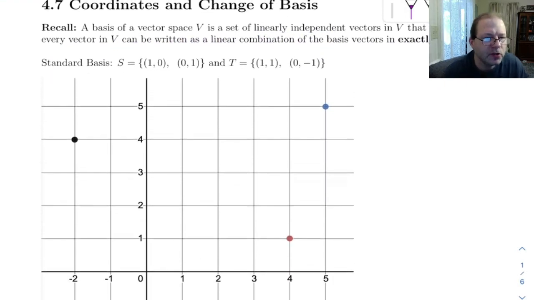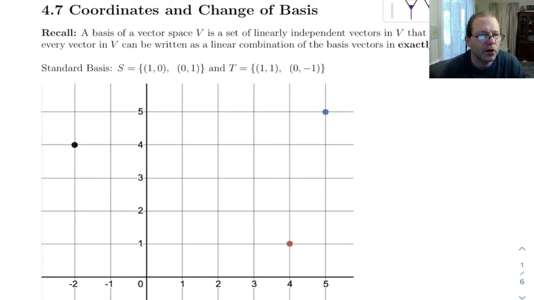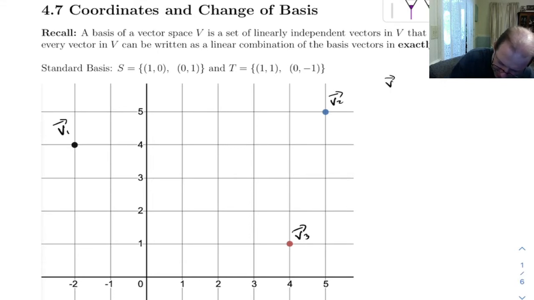So I've got two bases here for R2 written, and I want to look at these different points we have. Now, these are points, or we could think of them as vectors, so I'm going to label them. This is going to be V1, this is V2, and this one V3. And if we come over here, I want to just list out the coordinates of these things.